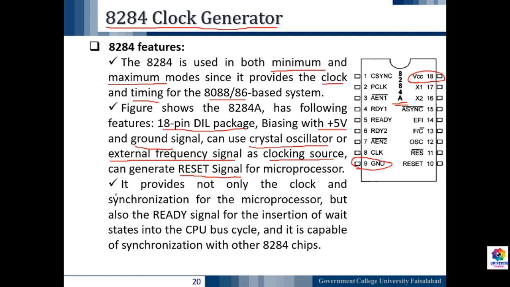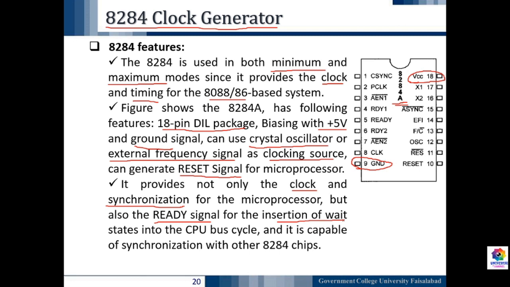The next, it provides not only the clock and the synchronization, as we have discussed previously, that the clock generator will provide the clocking signal and the timing requirements, as well as the synchronization of the microprocessor with the external peripherals, but it also generates a ready signal for the insertion of wait states into the CPU bus cycle. So what is the importance of the wait state?